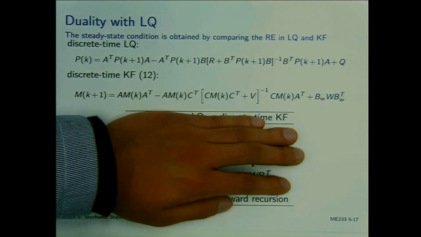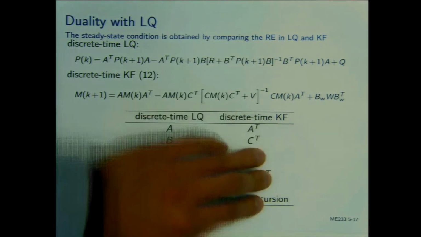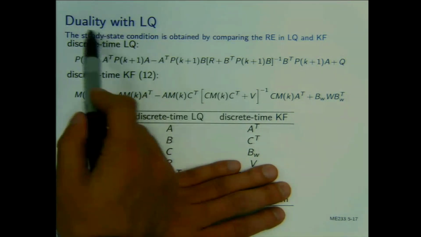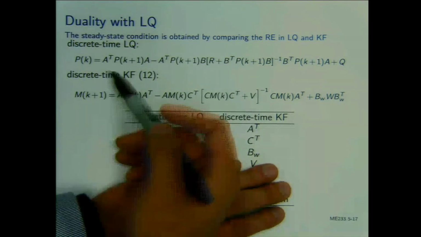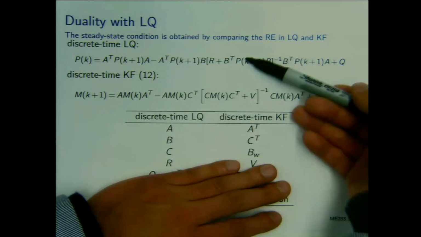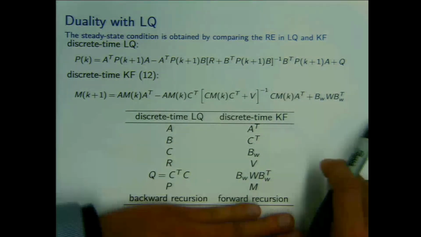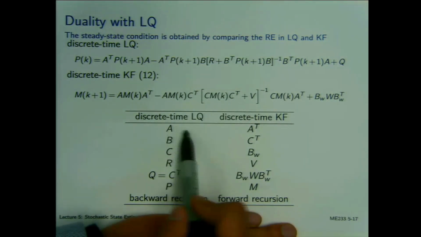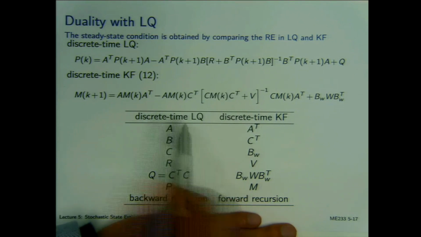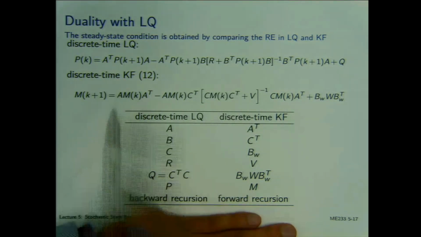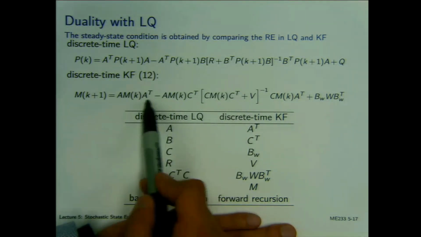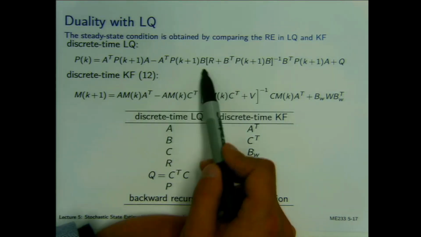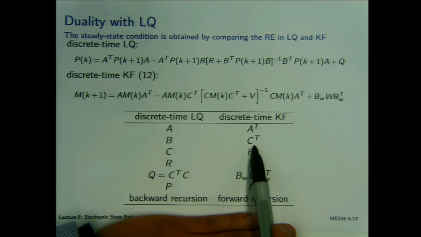When Kalman discovered this, he found this duality between LQ and the Kalman filter. If you compare the Riccati equations, the connections are like this: if in the discrete time LQ problem we have the A matrix, then here it becomes A transpose. The B matrix becomes C transpose.